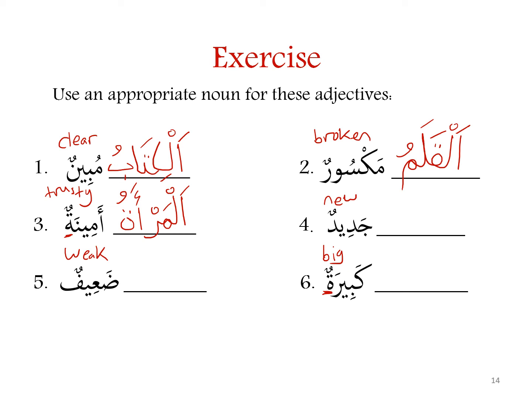Definite noun followed by indefinite adjective. Jadidun, so masculine adjective here. I could have put al-kitabu jadidun, so the book is new. But I've already used that example here. So I can put, for example, the desk is new.